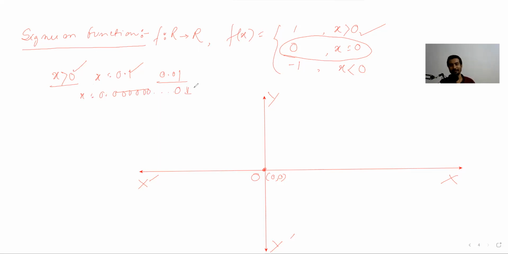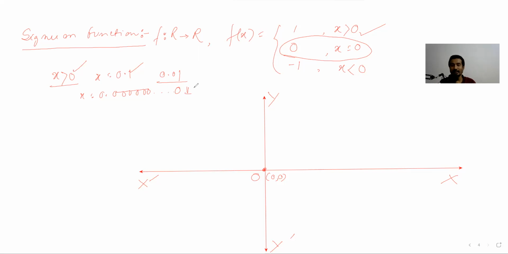But unfortunately, there is still scope to insert infinitely many points between 0 and that particular value. So what is the summary? Whenever x is a positive real number, there is no starting point.